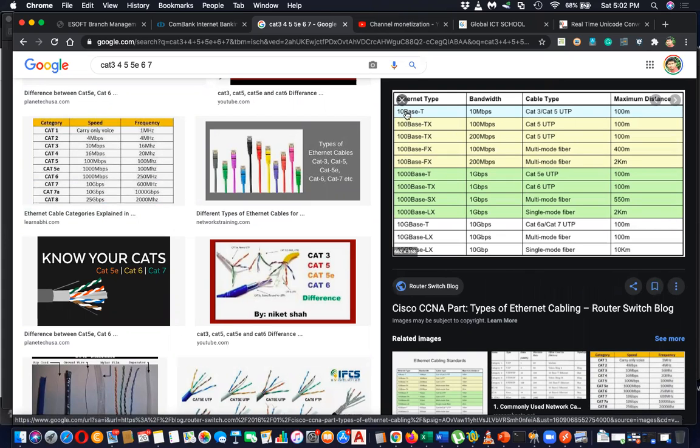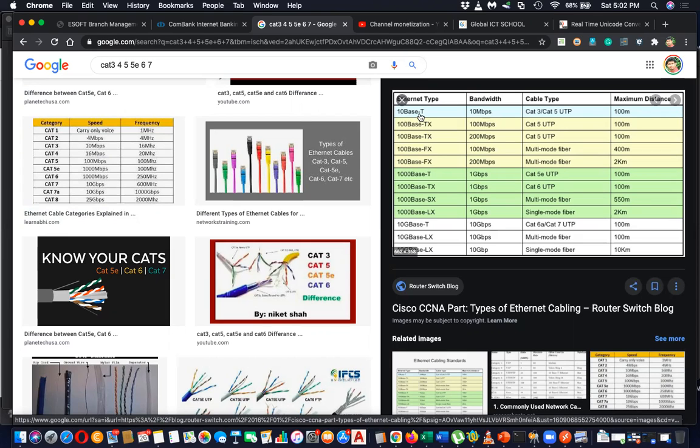So this is Ethernet type. 10 base T says 10 megabit per second, and T means twisted pair. 10 megabit per second, that is the speed. Base means baseband. What is the baseband and what is broadband? What's the difference between baseband and broadband? Dialog broadband, Mobitel broadband.